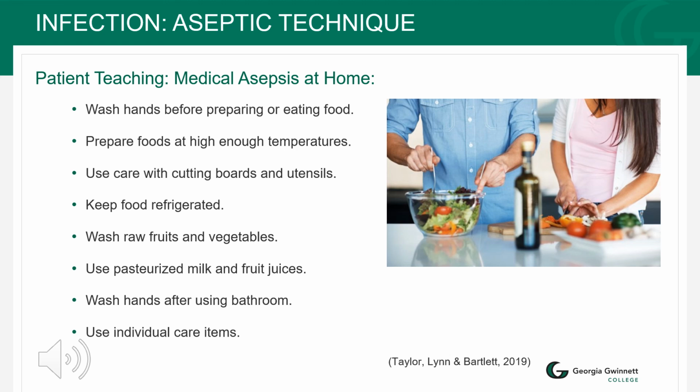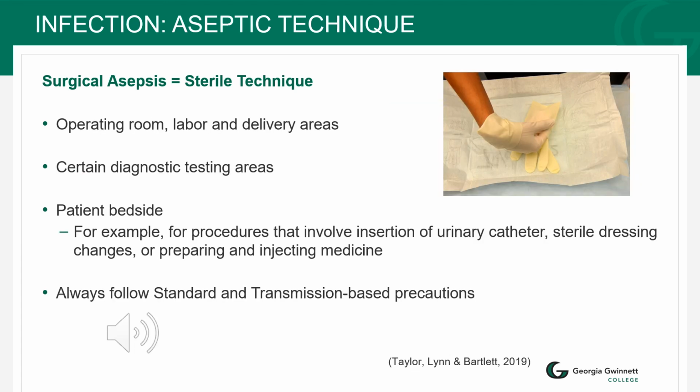Cleaning the cutting boards and utensils afterwards, keeping your foods refrigerated that need to be refrigerated, washing your fruits and vegetables, washing your hands after using the bathroom. Again, just some basic healthy hygiene, clean techniques that you want to make sure clients use at home.